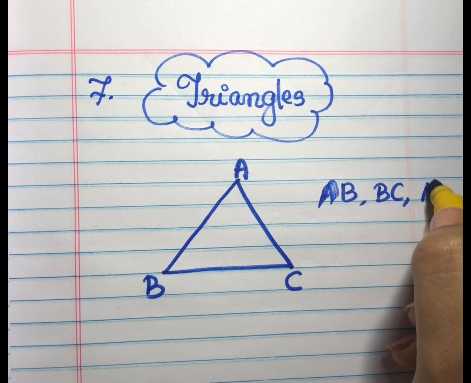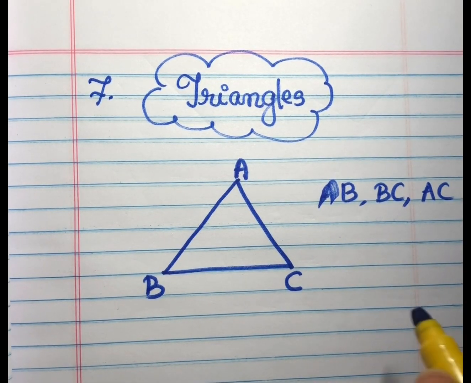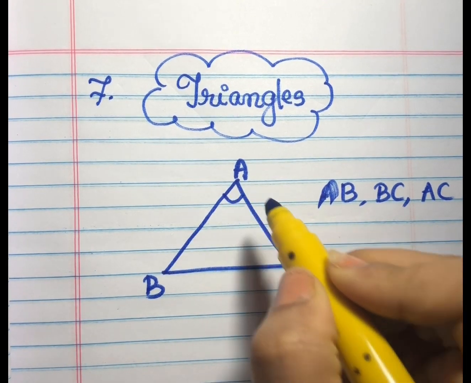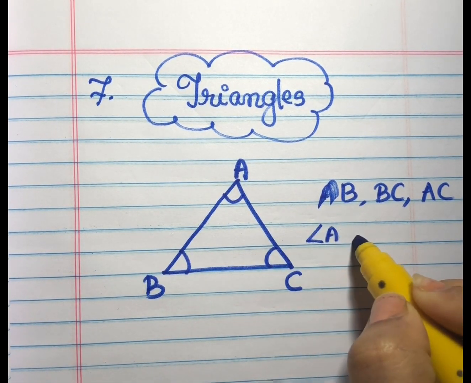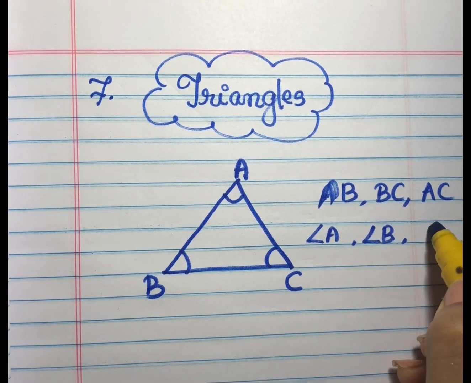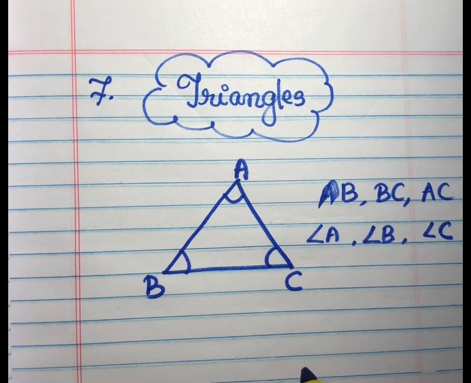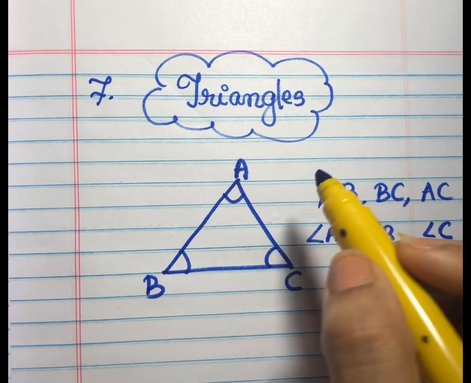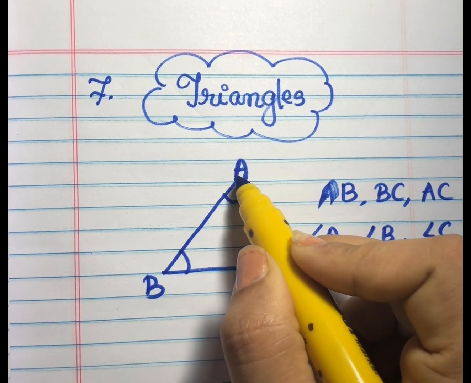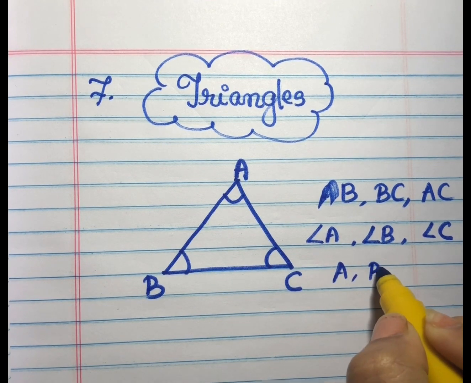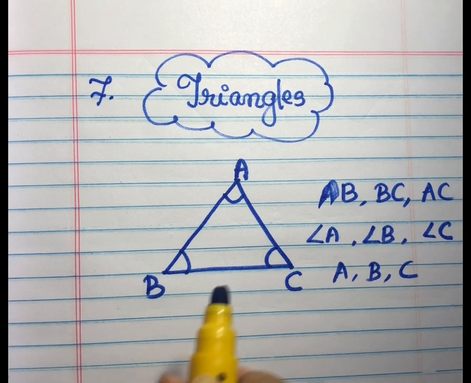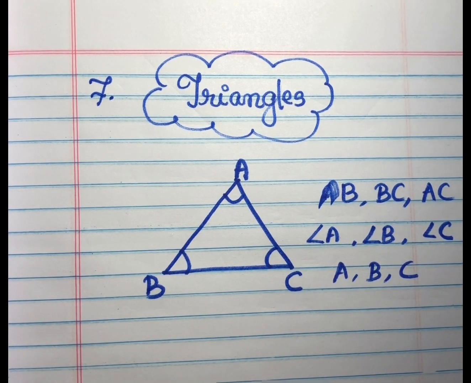And what are the angles formed here? Angle A, angle B, angle C. And what are the vertices formed here? Vertices means what? Point A, B and C. So this is a triangle.